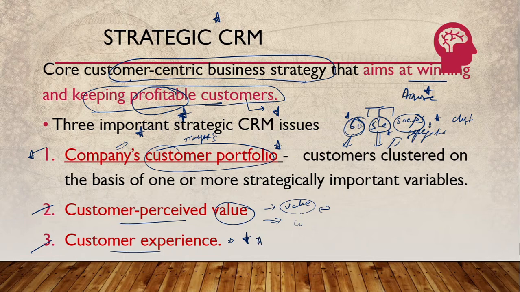That is also a part of your business strategy. So first, you need to win and keep the profitable customers, second, you need to enhance the customer perceived value, and the third way is to generate a better customer experience compared to your competitors. So these are the three ways in which you can place your strategy.